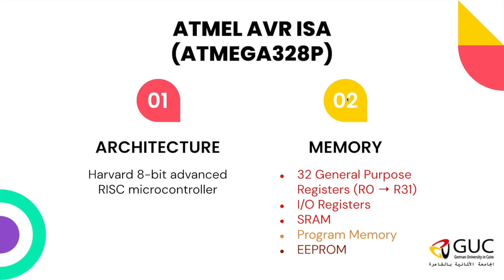I can have one CISC instruction that performs addition followed by multiplication. However, in a RISC architecture, I need an addition instruction, and after I finish it, I need to use a multiply instruction to perform the multiplication. Therefore, CISC instructions take more clock cycles compared to RISC architectures.